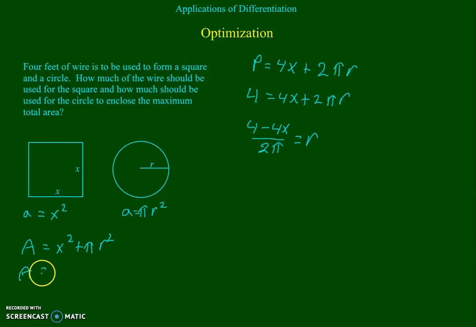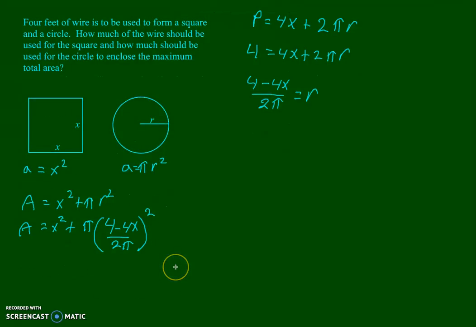So area is x squared plus pi times 4 minus 4x over 2 pi, and this whole thing has to be squared. So now we're going to have to simplify this. I can take out a common 2, so we have x squared plus pi times 2 minus 2x over pi, squared.